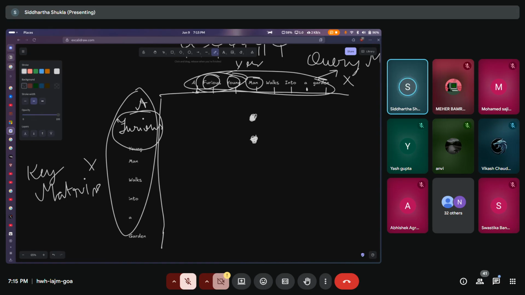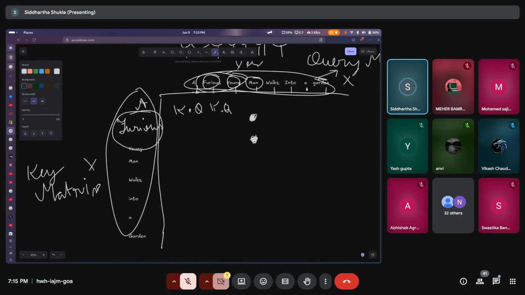I missed out on an important part. The values for each key and query matrix are all multiplied with each other. So this key matrix gets multiplied with the query for every single token.